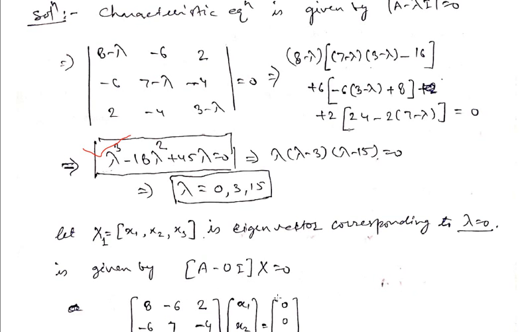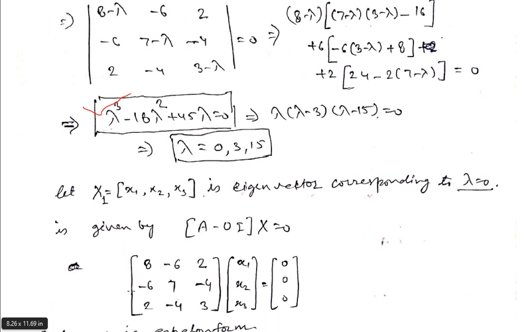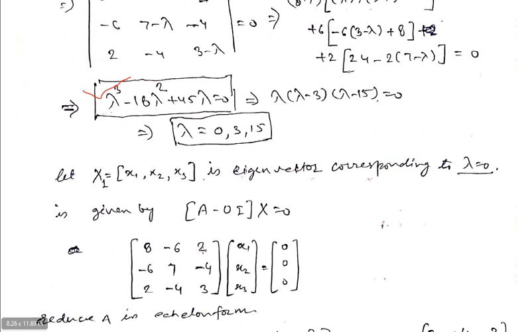X is the non-trivial solution of this system, and A minus 0I is the characteristic matrix for the characteristic root lambda equals 0. So here we put lambda equals 0, and we get A minus 0I equals A. Now we will solve this.